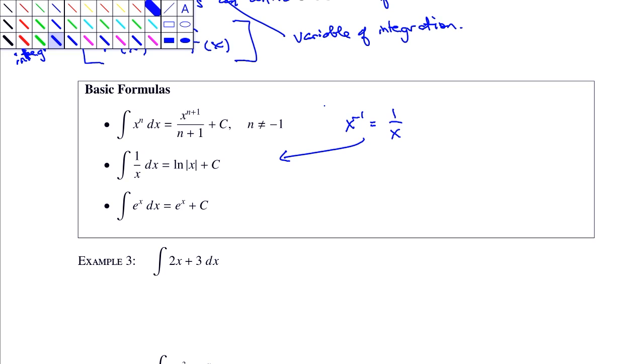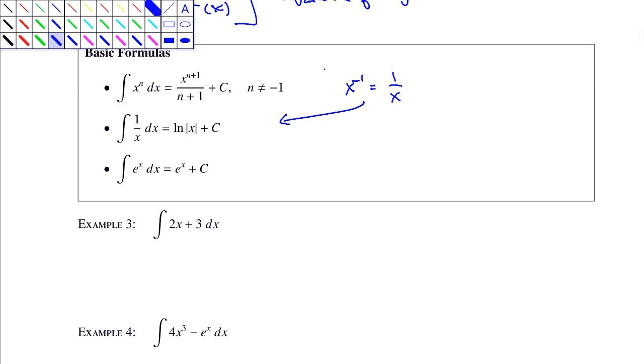So the integral of 1 over x is the natural log of the absolute value of x plus c. We need to throw in the absolute value so that the x can't be negative. And then, of course, your favorite: what do you take the derivative of to get e to the x? E to the x, so it's its own integral as well. So the integral of e to the x is e to the x.